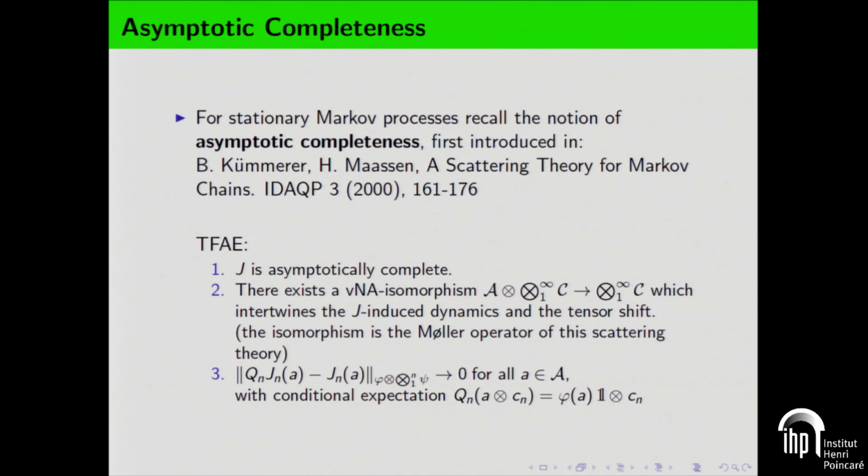Okay, so for stationary Markov processes in this sense, around 2000, Kümmerer and Maaßen introduced the scattering theory for noncommutative Markov processes.